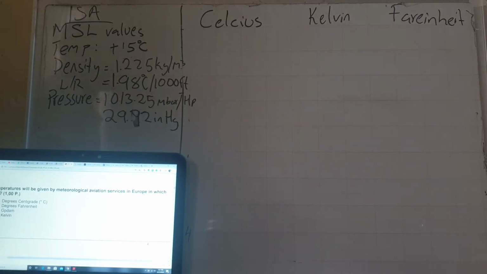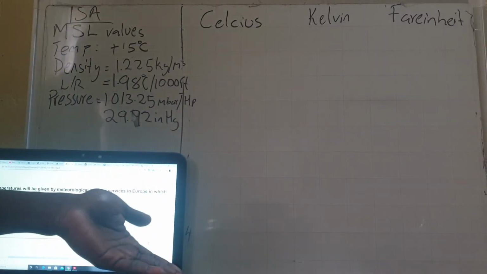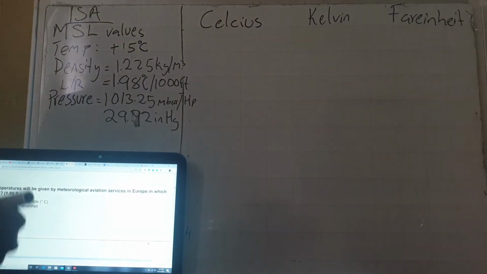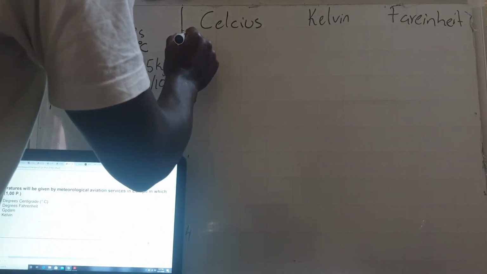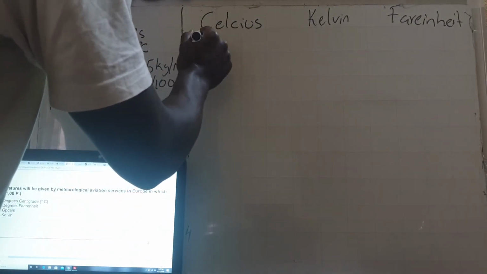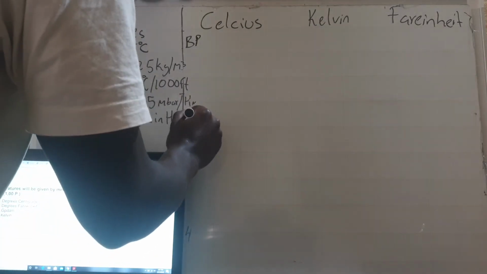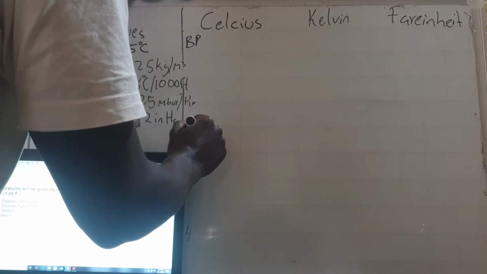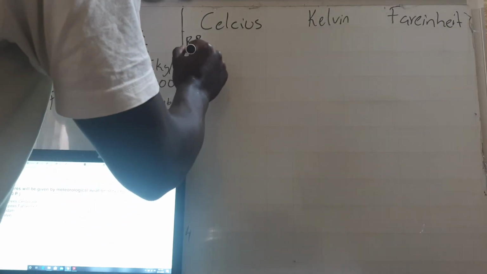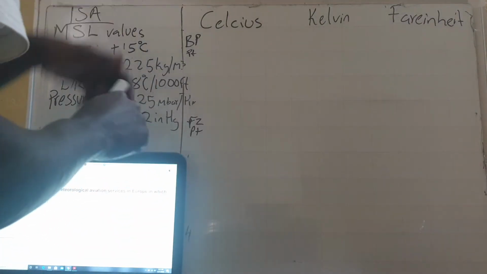And then you ask yourself, what was that formula again? You don't need to remember any formula. You just need to know there is the water boiling point and the water freezing point. Boiling point and freezing point. Okay.